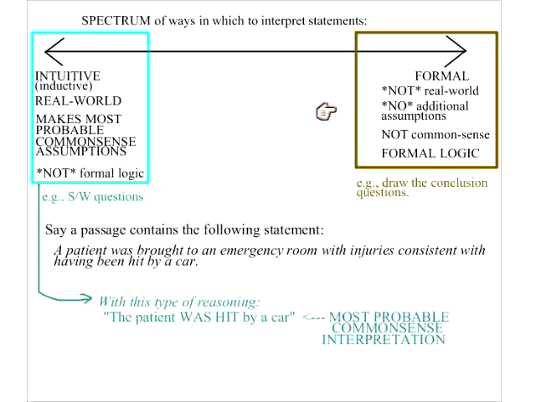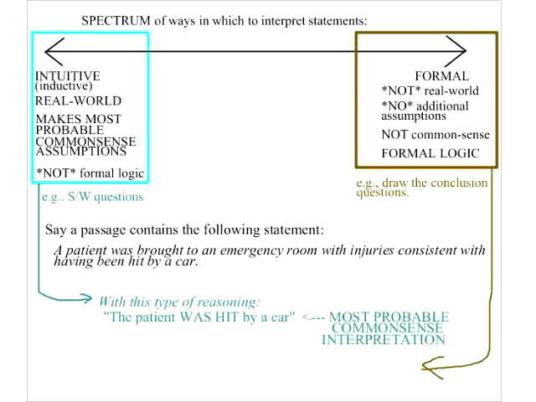Consistent injuries by itself doesn't mean anything. It's injuries that are consistent with this, meaning the type of injuries that you would have if you had been hit by a car. So if you saw this in a draw the conclusion question, it would be totally different.